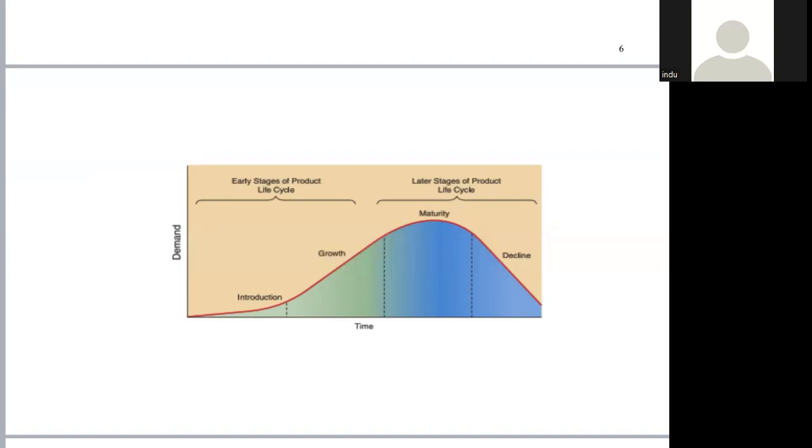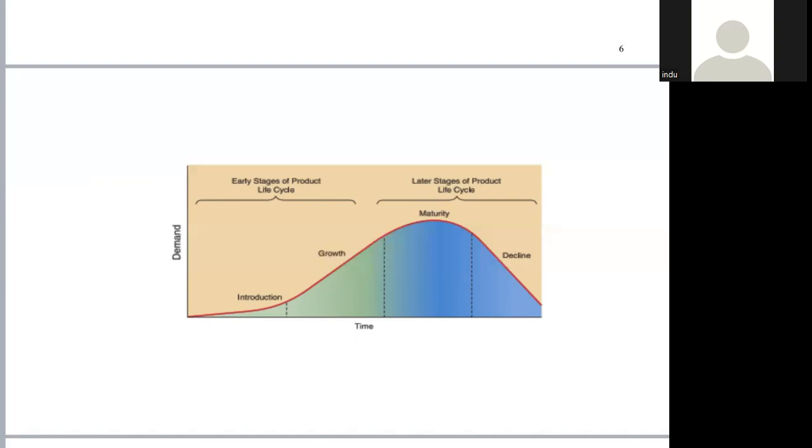Many products, shall I take as an example toothpaste, right? It can stay in this stage for many years. So many products stay in this maturity stage a long time, right?